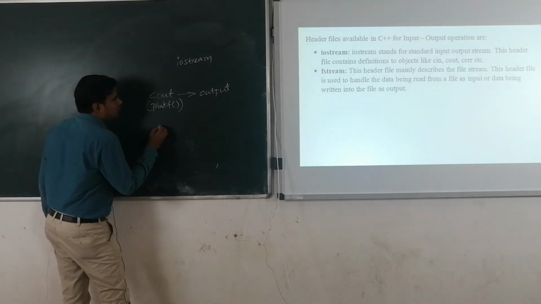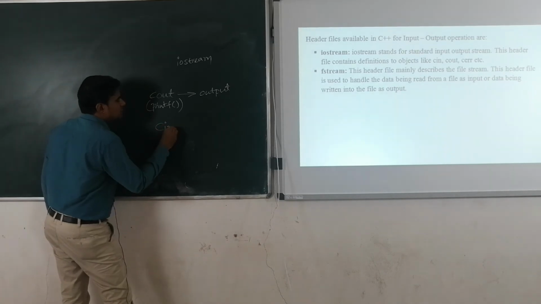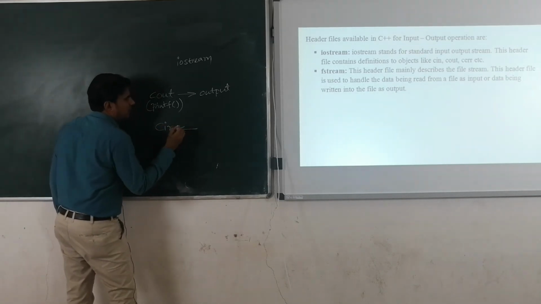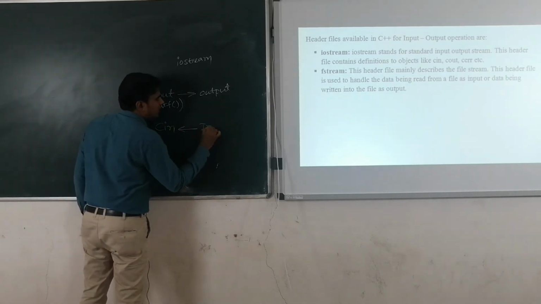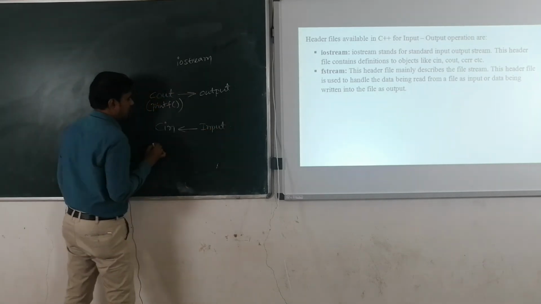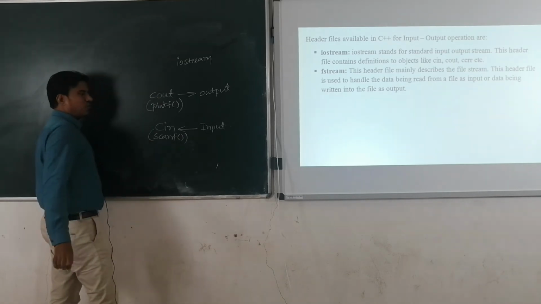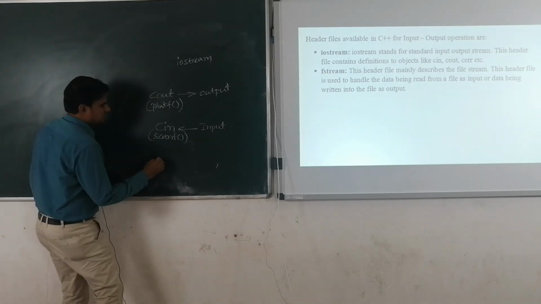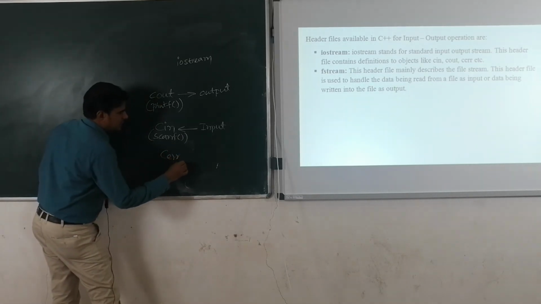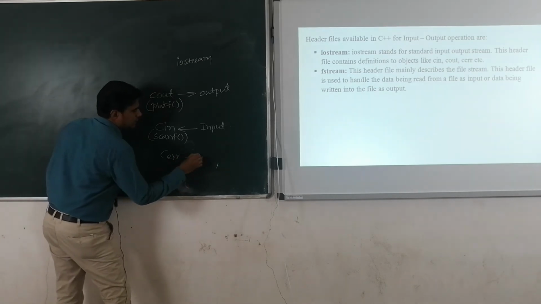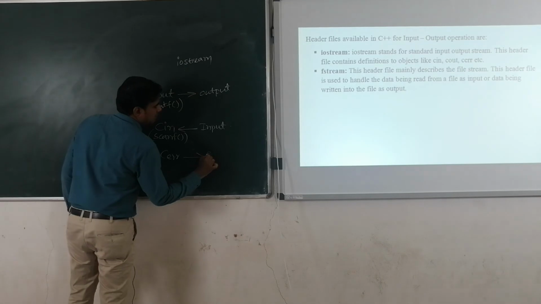Next, to perform the input, we use cin. This is for input purposes, and it is similar to scanf in C++. The next thing is cerr. We also have the cerr object, and it is used for displaying error messages.